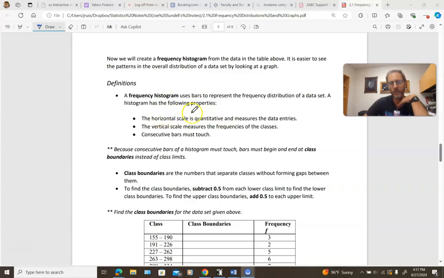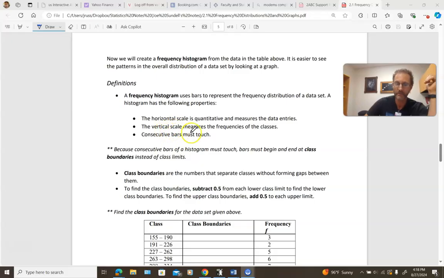Okay. Now the horizontal scale is going to be quantitative and measures the data entries. So like in this example that we're using, out-of-pocket expense for prescription drugs, that horizontal axis will measure dollars. And then the vertical scale measures the frequencies of the classes.